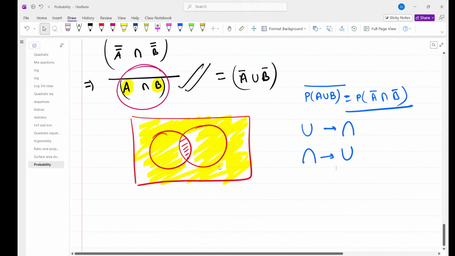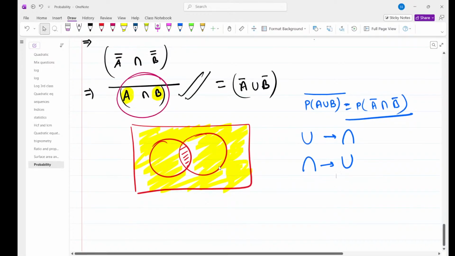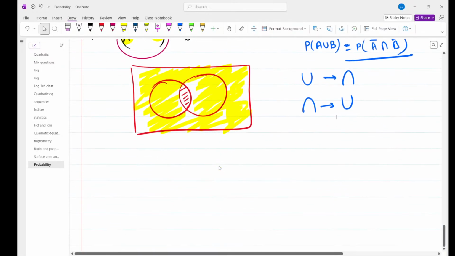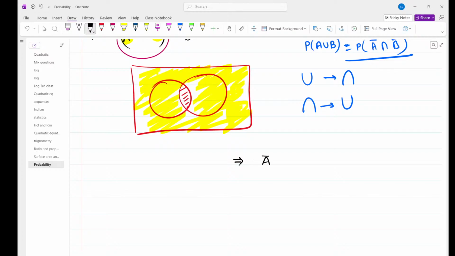Yes, when there are two complements. When both terms have complements, right? Union will become intersection when both terms have complements, like A complement intersection B complement, or A complement union B complement.